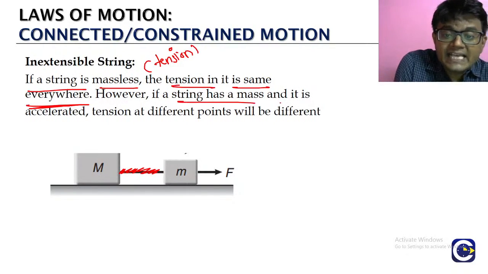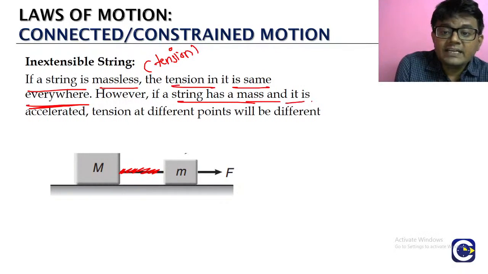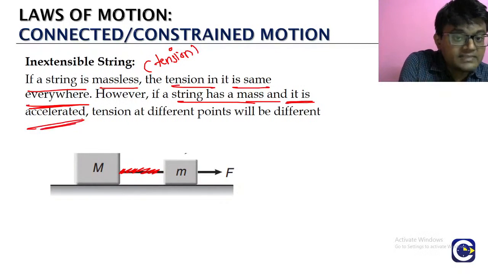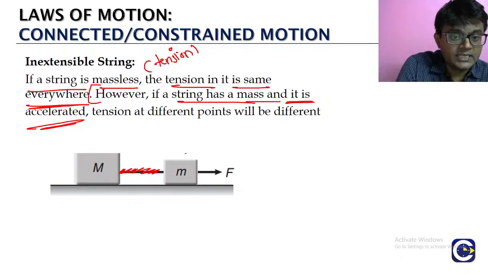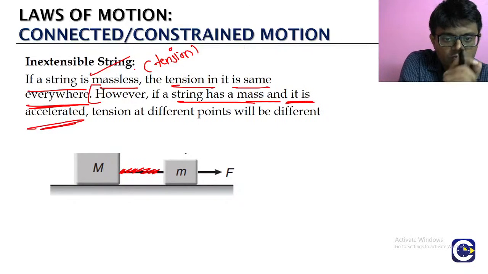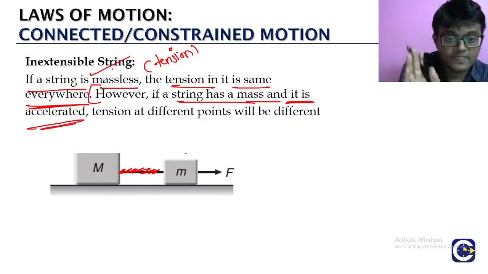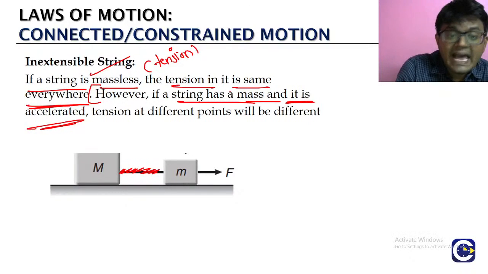If a string has mass and it is accelerated, this is a special case, and it is not going to come always. Mostly the string will be massless, so whether rope, string or wire, the tension everywhere will be the same. Otherwise, when the string has mass and it is accelerated, the tension at different points will be different.